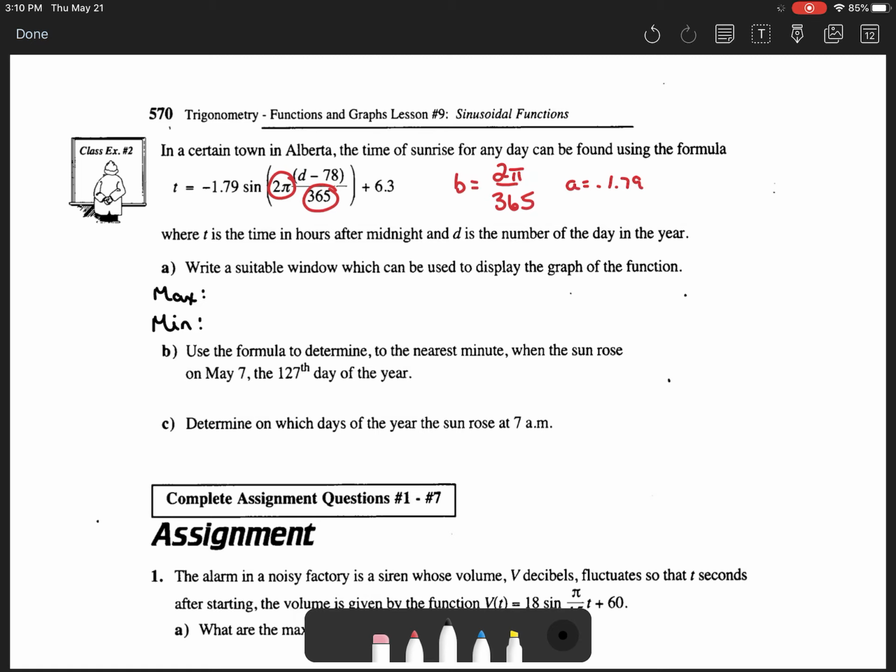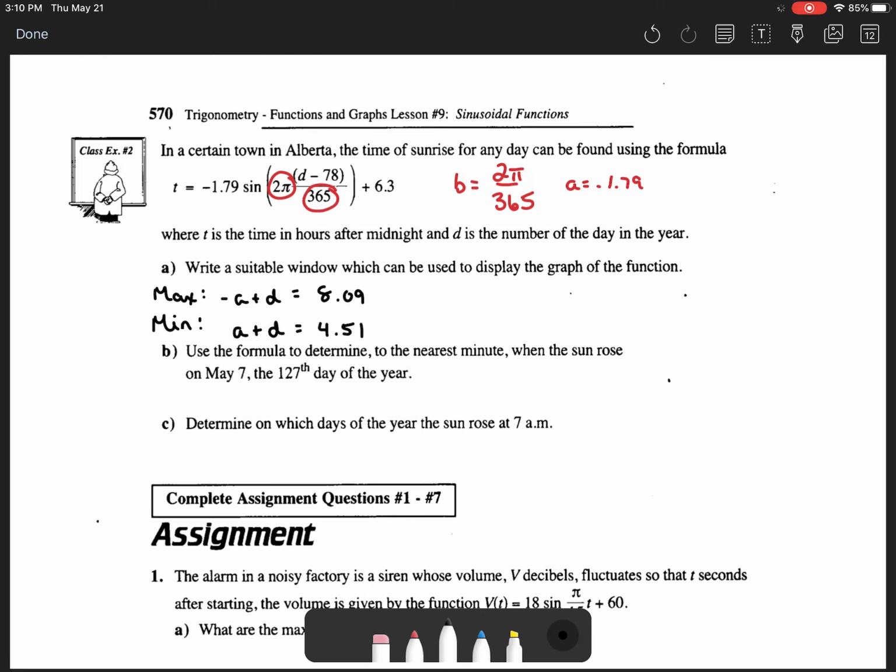So if you take a look at the max value this time, I'm going to have to go negative A plus D for the max and A plus D for the minimum. Okay, and that's because the A value is already negative here. So when I do that, negative A plus D here, I will get 8.09. And when I go A plus D, I'm going to get 4.51. So that's how high and how low the graph goes.